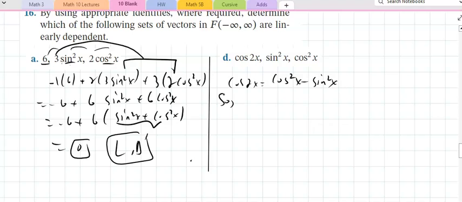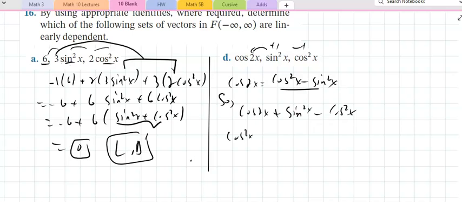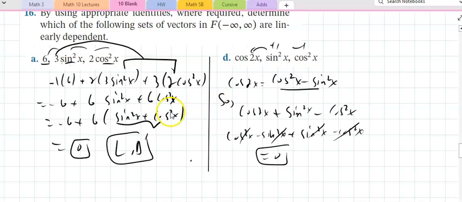So simply, if I take cosine of 2x minus cosine squared of x plus sine squared of x, multiply this by a -1, this by a +1, you should get that. If I get a 0, then that will be the cosine squared of x minus sine squared of x plus sine squared of x minus cosine squared of x, and that will be 0, which means these are multiples of each other, therefore they're linearly dependent.